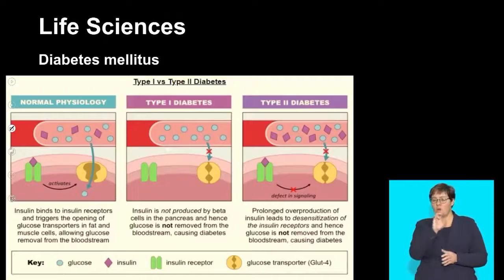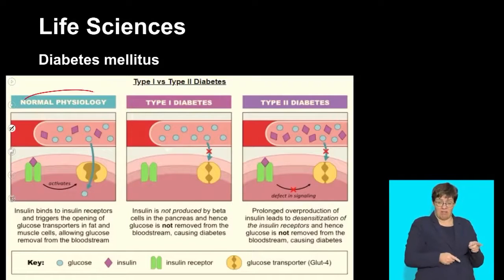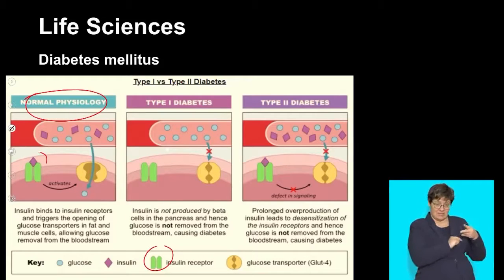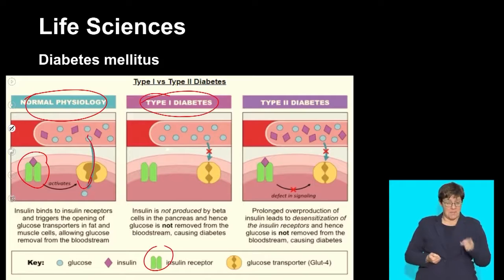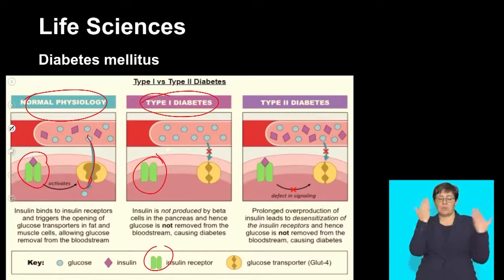So let's look at what happens. Under normal circumstances, guys, we find that insulin, which is indicated in this, allows for the glucose to enter the cells. However, in a person that has type 1 diabetes, we find that the insulin receptor becomes deactivated or destroyed, and hence they cannot activate the cells to take in the glucose, and hence there is no glucose entering the cells.